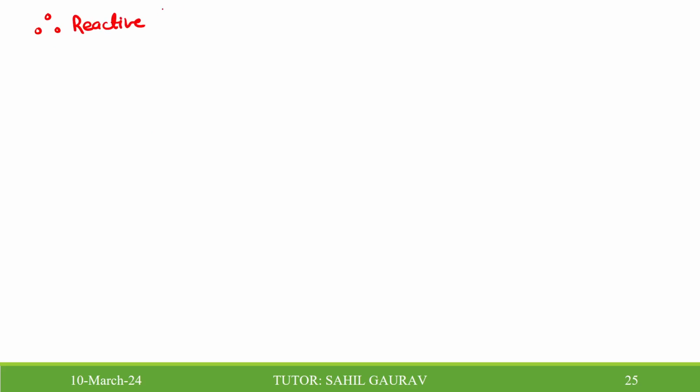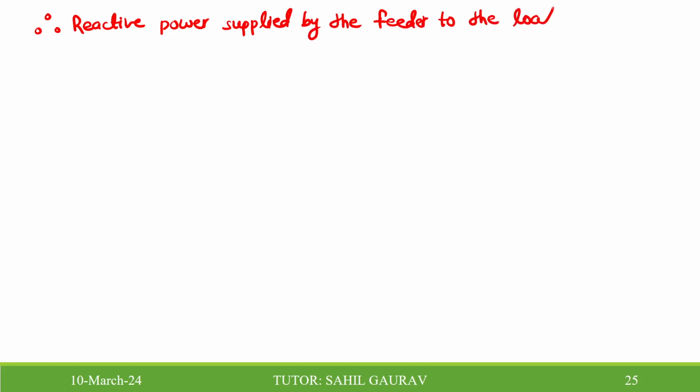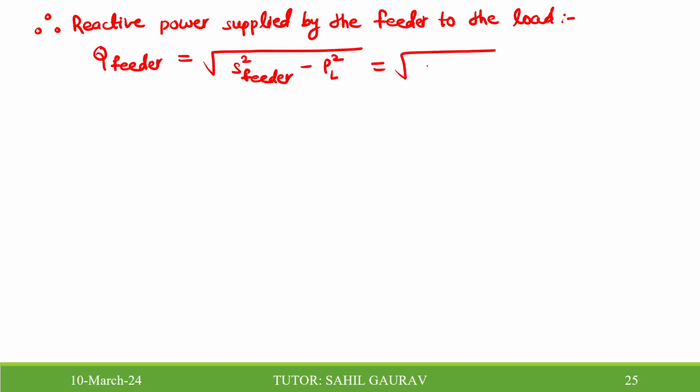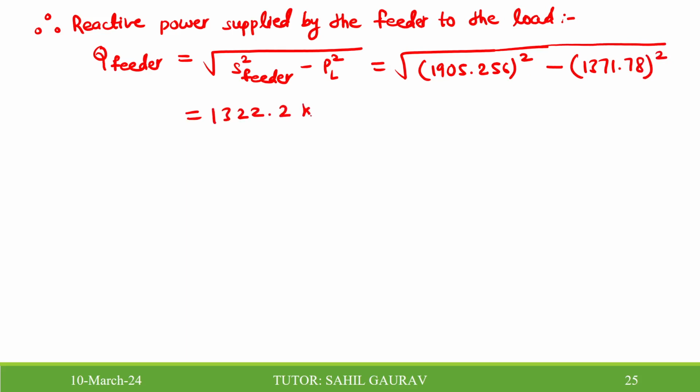Q feeder will be the square root of apparent power squared minus active power squared. So S feeder is 1905.256 kVA and 1371.78 kilowatt is the active power demand. So it will give you 1322.2 kVAR.